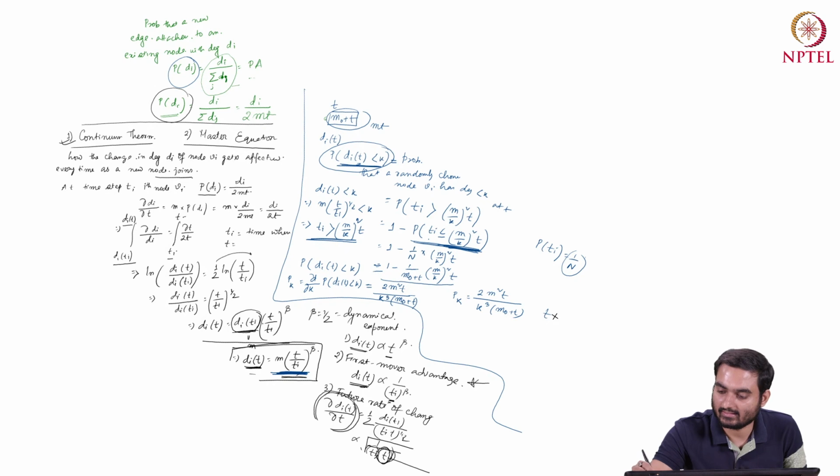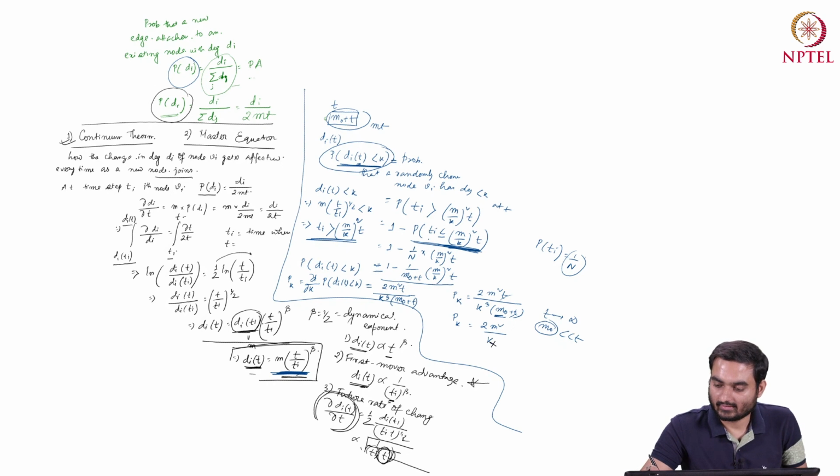If t tends to infinity, what would happen? m0 can be negligible, so this t and this t will vanish. So we will have P(k) equal to 2 m square by k to the power 3. What is m? M is the degree of a newly joined node.